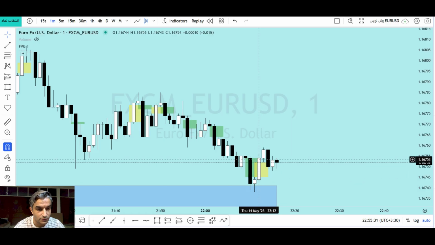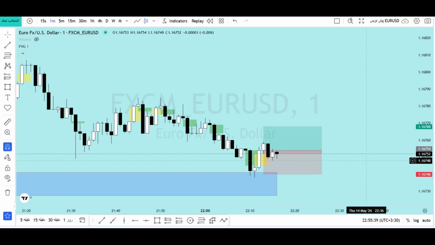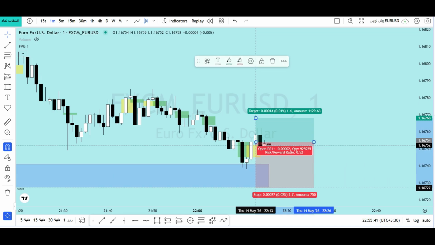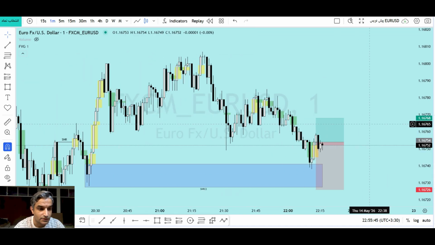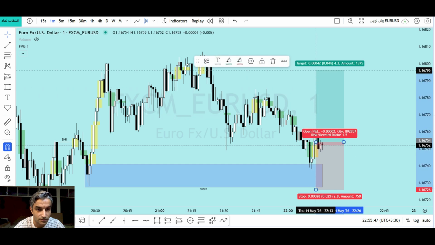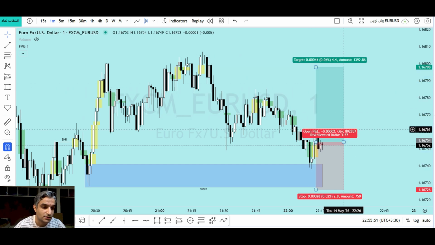We enter the market and put our stop loss below the area. What is our first target? Our first target is around here, and it gives us a risk reward ratio around 1.5.